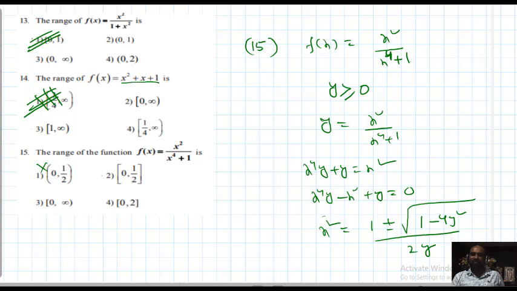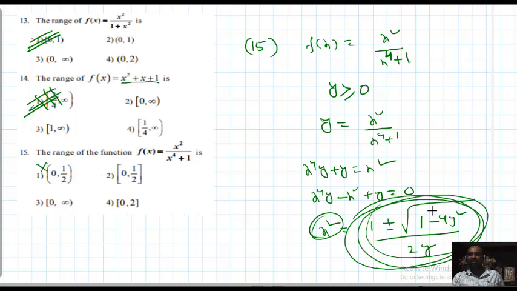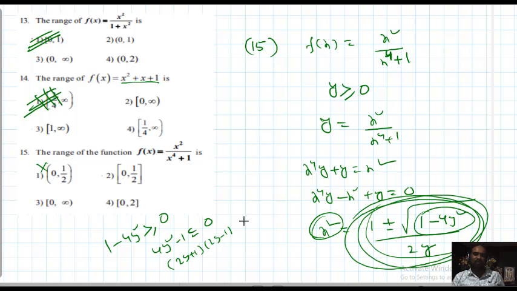So x square should be non-negative and real, meaning inside the square root should be greater than or equal to 0. That I will write: 1 minus 4y square should be greater than or equal to 0, or 4y square minus 1 should be less than or equal to 0, or 2y plus 1 into 2y minus 1 should be less than or equal to 0. So minus half, plus, minus, plus, the negative region will satisfy this. I will write here y belongs to closed minus half to half.